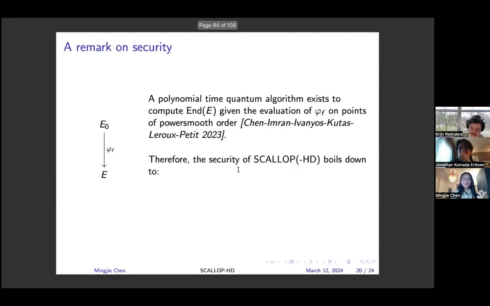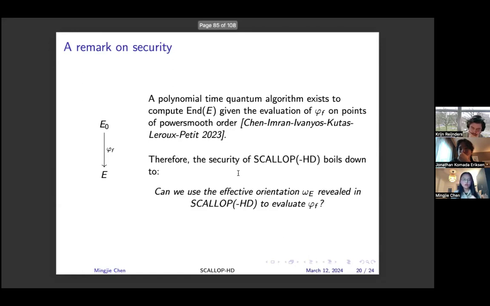So that means the security of SCALLOP as well as SCALLOP-HD boils down to the following. Can we use the effective orientation omega E revealed in SCALLOP and SCALLOP-HD to evaluate phi f? Because the definition of this induced orientation is computed by phi f composed with omega E composed with phi f hat. So of course, there is some information on phi f that's encoded in this orientation omega E.